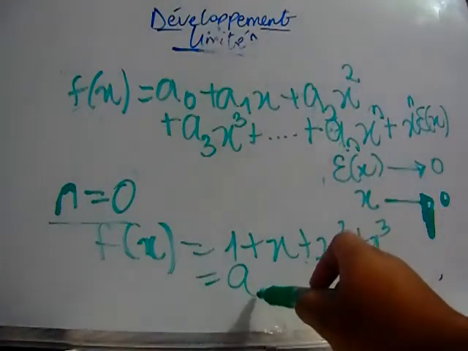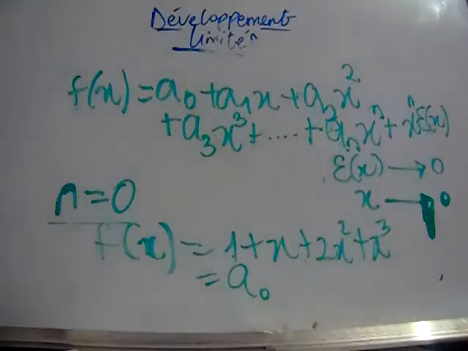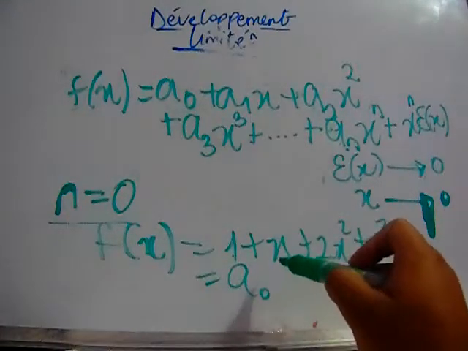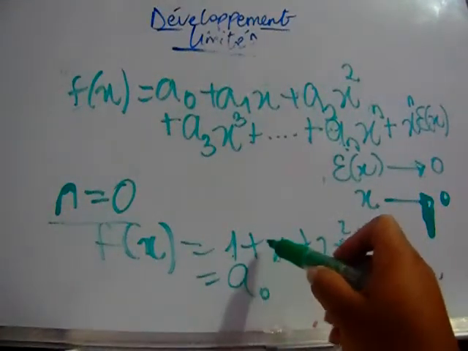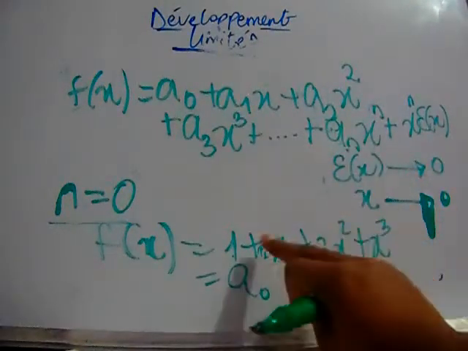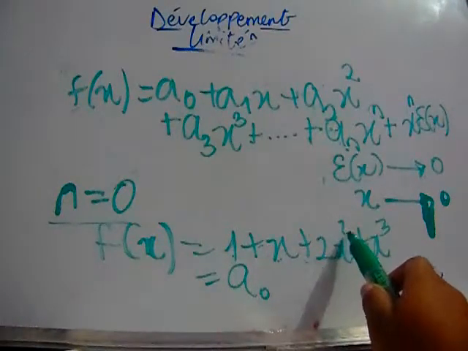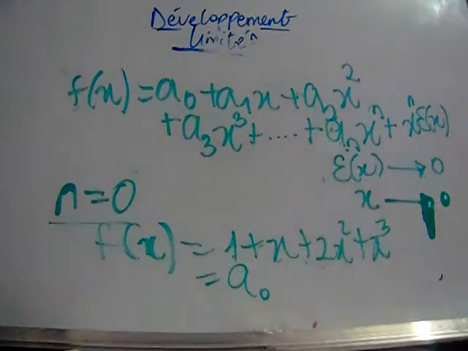So that means this is a0, I don't know if you can see it. This is a0, this is a1 of x, because here there's a certain constant with x, in this case is 1. This is a2, x raised to the power of 2. This is a3, I think I should use the blue marker.